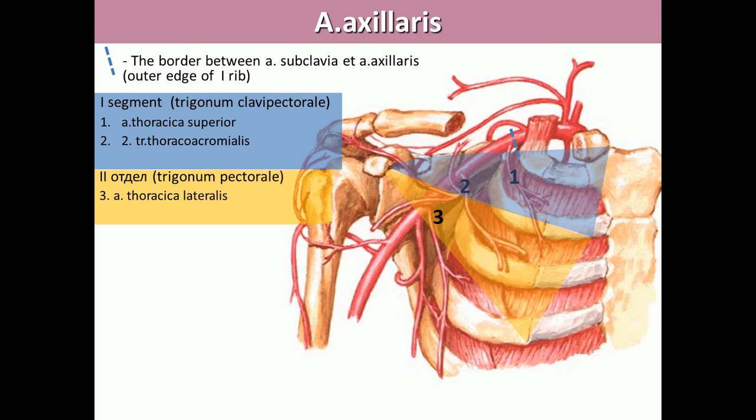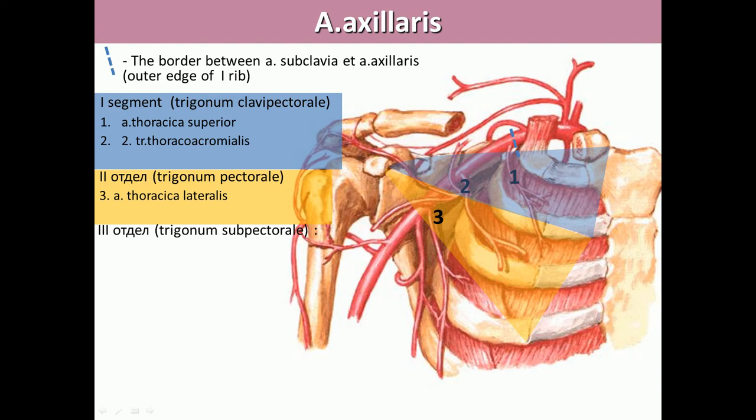When we designate that this vessel has its place in the second segment, it means it starts in the second segment, but then it will pass quite a long distance on the lateral surface of the thorax.